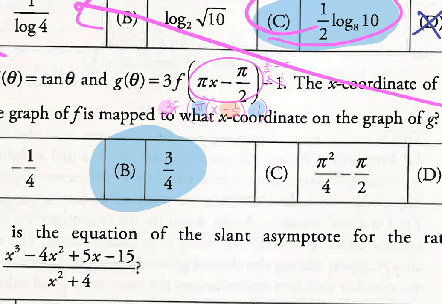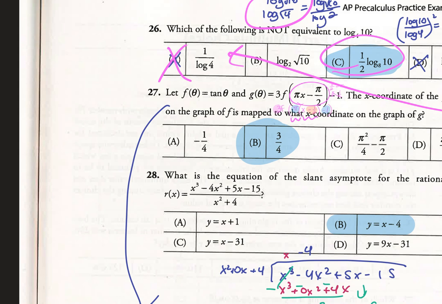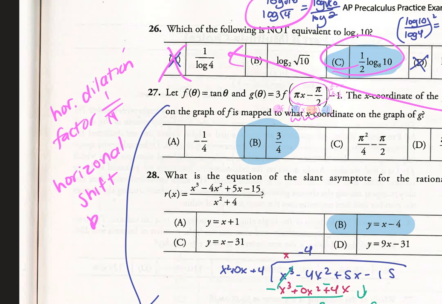It's affected by your shift to the right, pi 1/2, and your factor of pi, which would be a horizontal dilation. Factor of 1 over pi, and a horizontal shift. Right, 1/2.